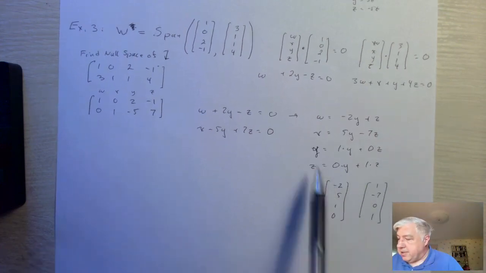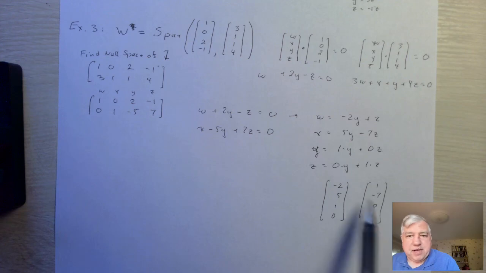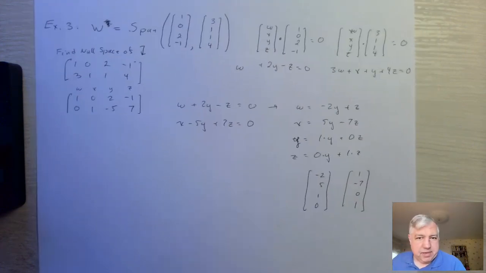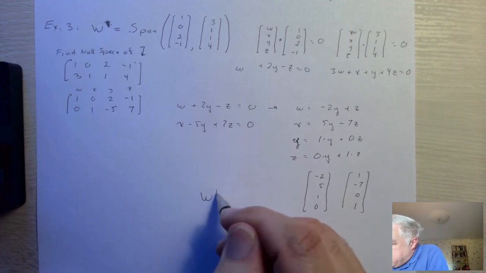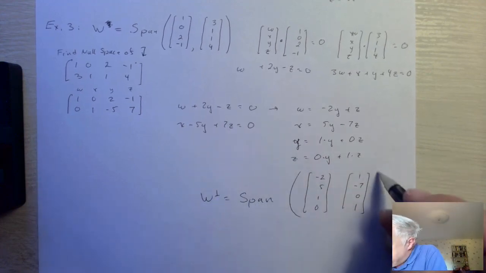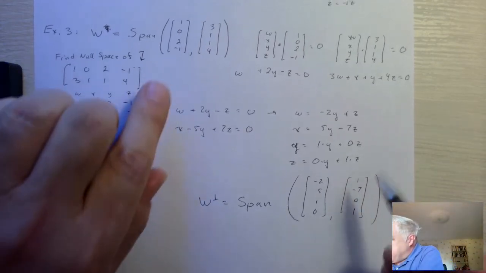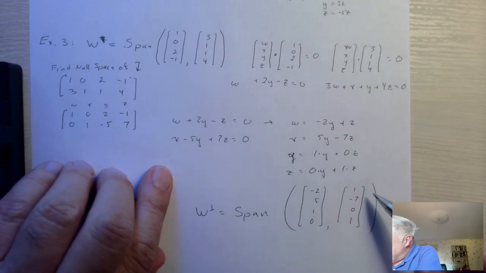Because this is just y times this vector plus z times this vector, right? Okay, so we get that W perp is going to be the span of these two vectors.